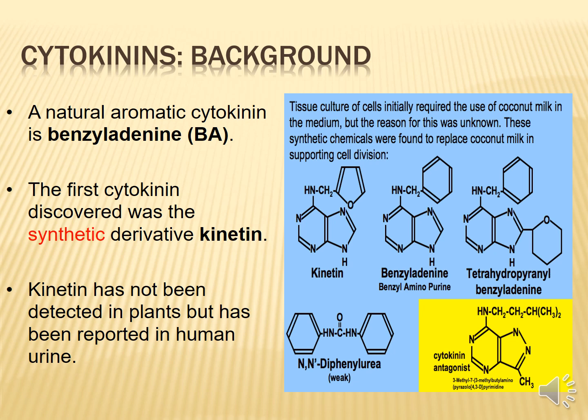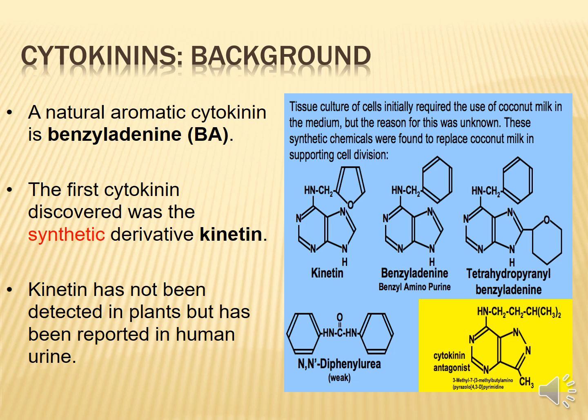However, the first cytokinin discovered in research was the synthetic one derived from kinetin. However, from previous studies, kinetin is not actually detected in plants. However, it is reported in human urine.